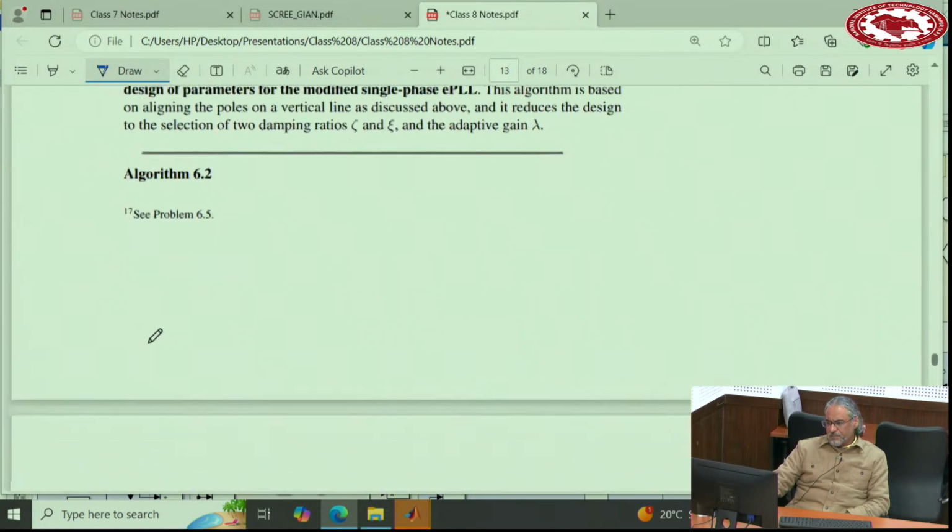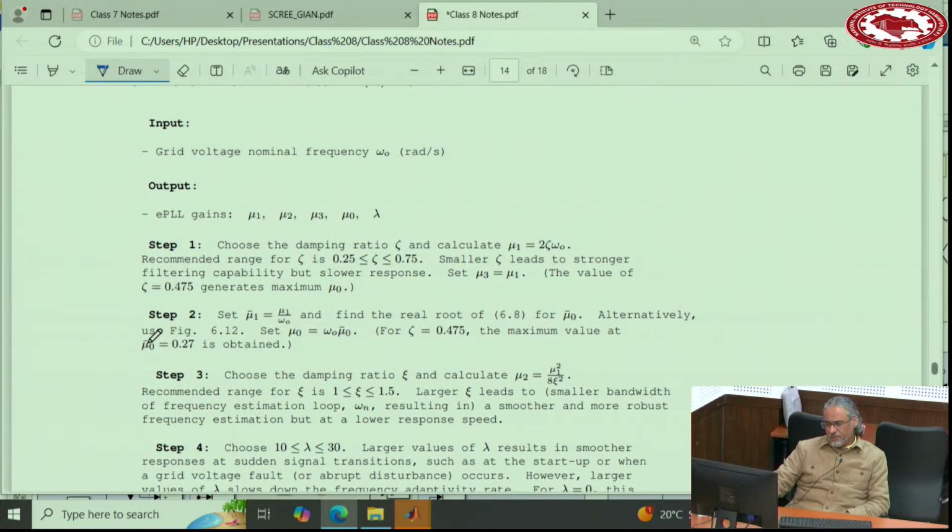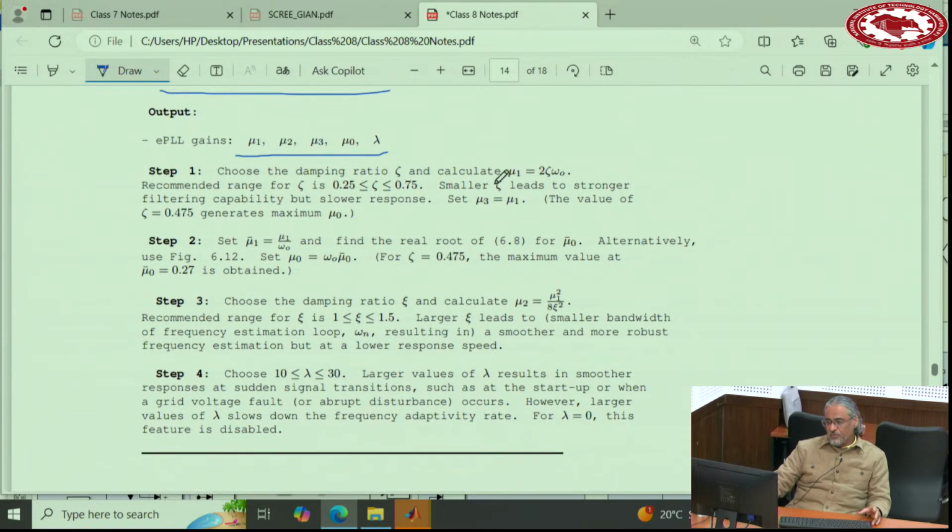Anyway, it is now summarized in this algorithm. Again, what is given is the grid voltage frequency, and we would like to design these 5 parameters now. First mu1, the same approach, zeta between 25 to 75, and then mu3 equal to mu1. We found no reason to not choose mu3 equal to mu1.